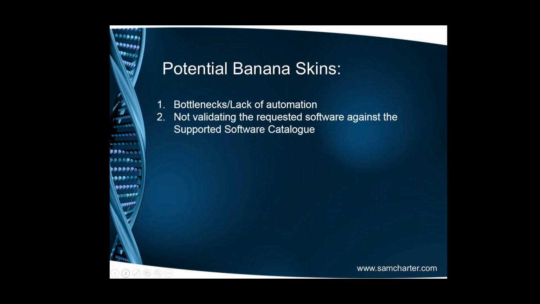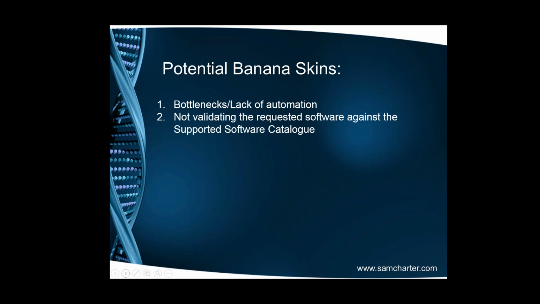Not validating against the supported software catalog or the complete absence of a catalog. This can slow a process down to a near halt due to assumption or scrambling to find license entitlement details or trying to determine what will or won't work in the environment.